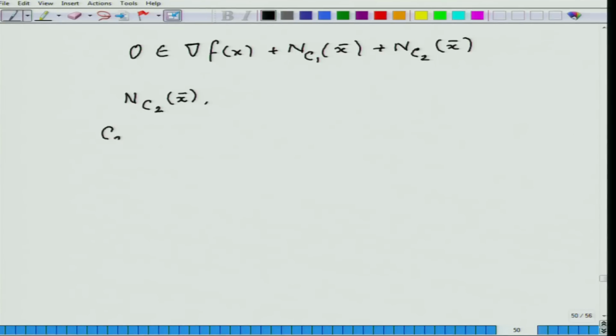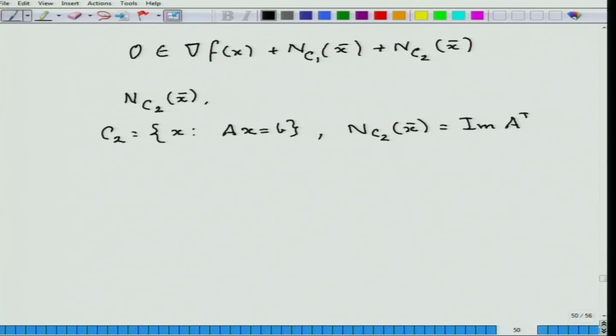where C2 is the set of all x such that Ax equals b. What we will show is that N_C2(x bar) is nothing but the image of A transpose. A transpose viewed as a linear mapping, every matrix is a linear map and vice versa.